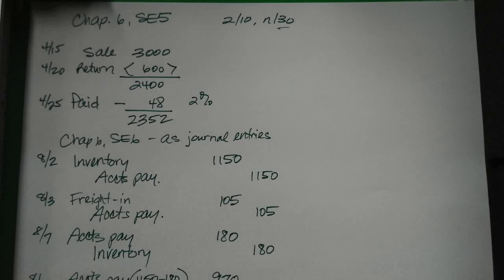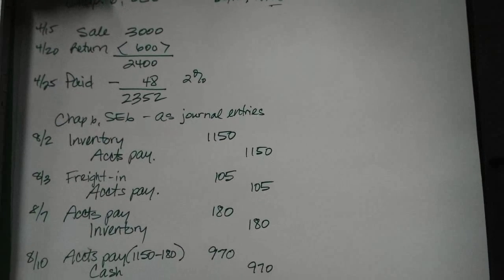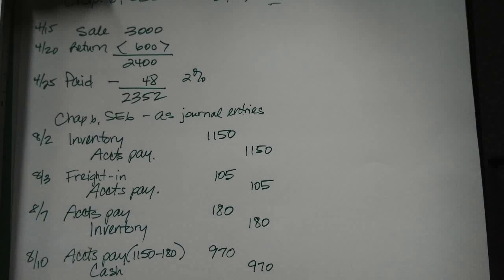Yeah, that's right, $970. And then, how do I pay them? I write a check, so we credit cash. You haven't done that for a while. That's back to the basics for you. Okay? So that's the end of this problem. Let me move that up a little bit. Okay, that's how we make those.